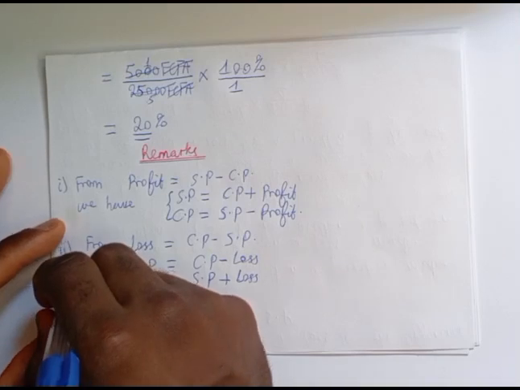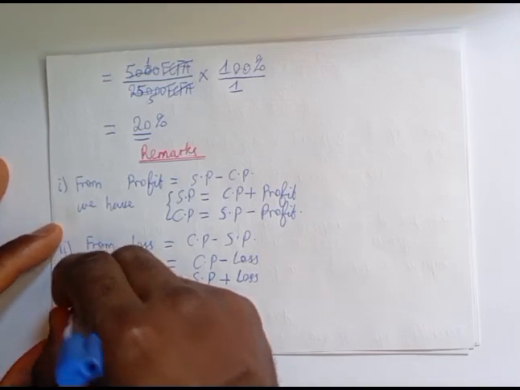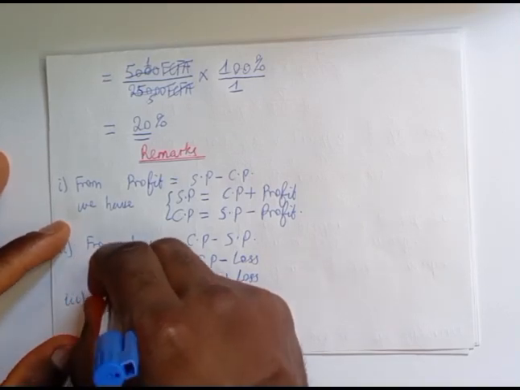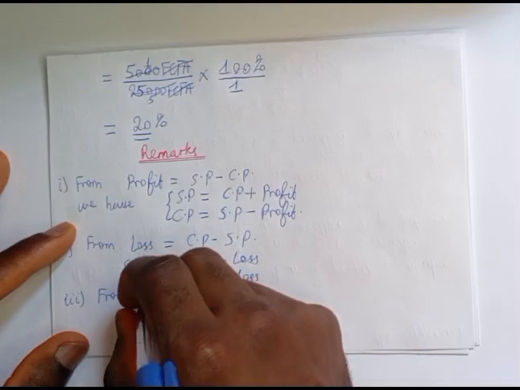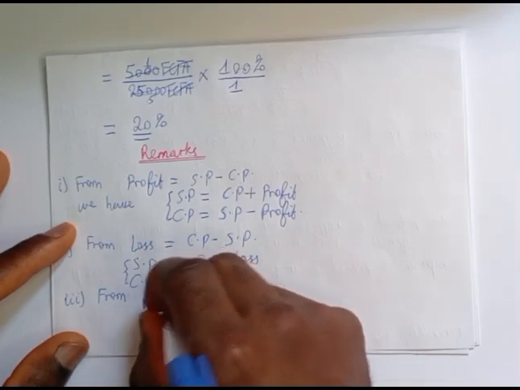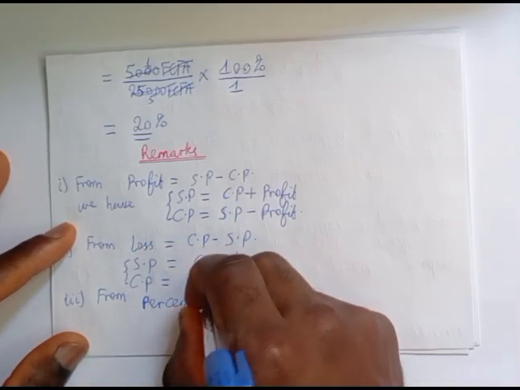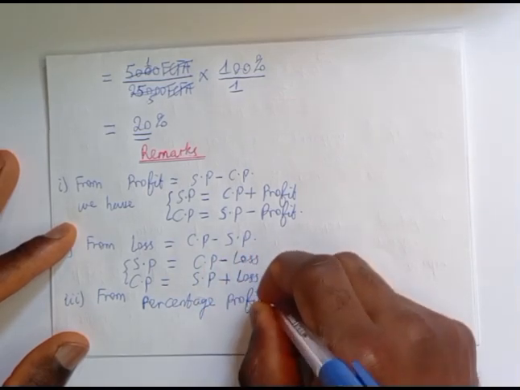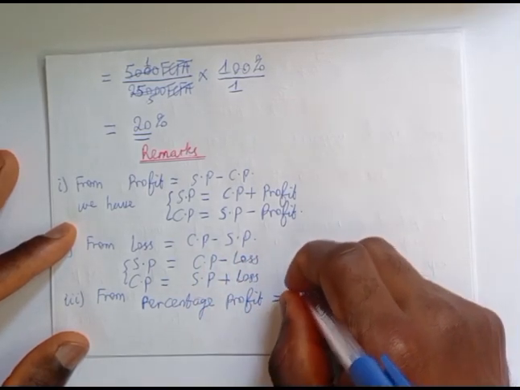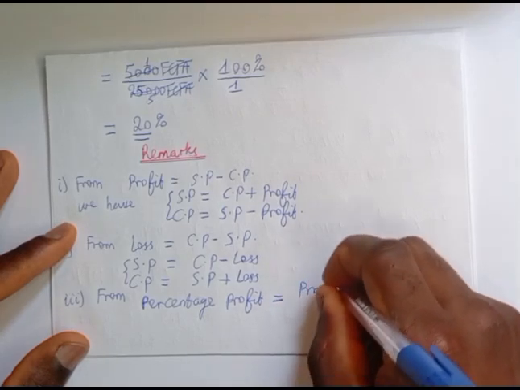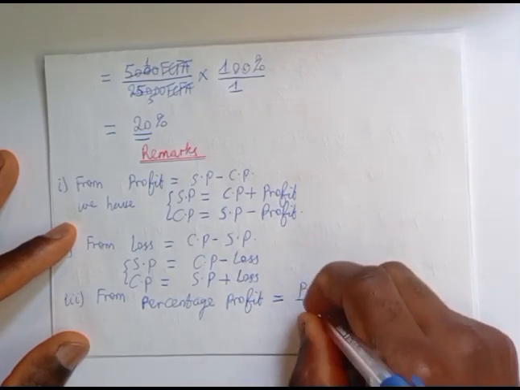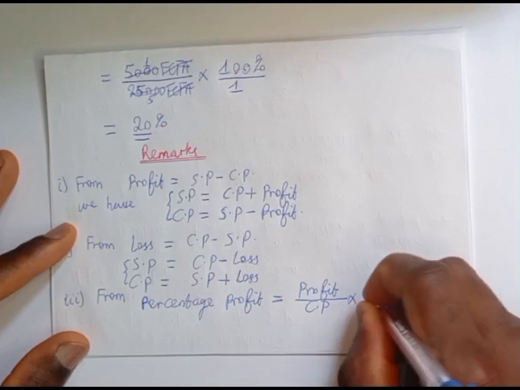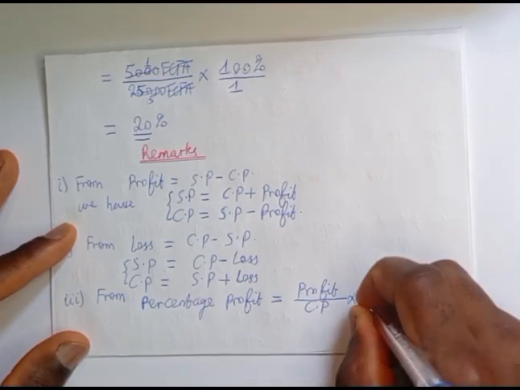We go to 3i, from percentage profit, which is simply equal to the profit over the cost price times 100% over 1.